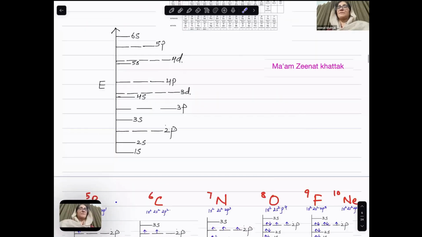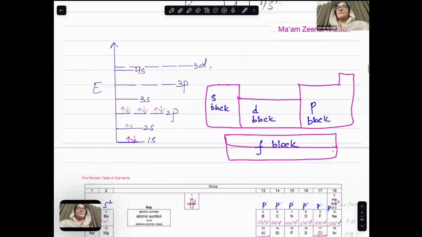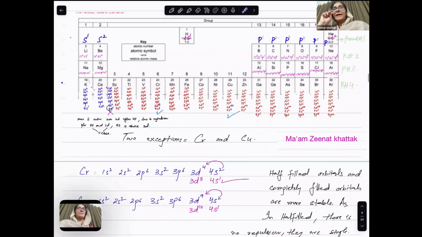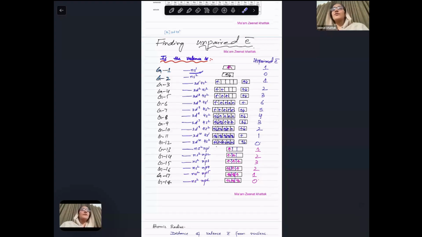Look at this, finding unpaired electrons. In group 1, it's always ns1, 1 unpaired. Group 2, 0 unpaired. Group 3, D1 to D4: 1 unpaired, 2 unpaired, 3 unpaired, and then chromium. This is chromium, group 6: 6 unpaired.